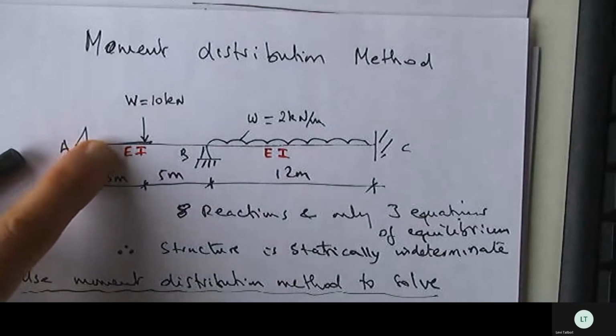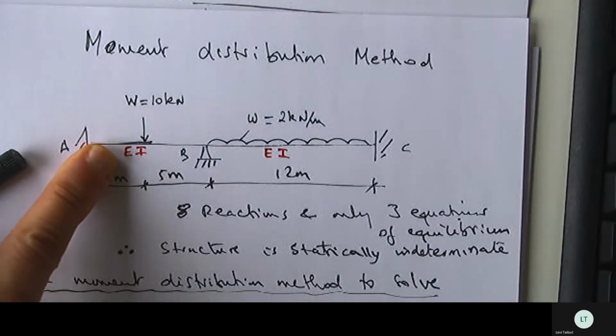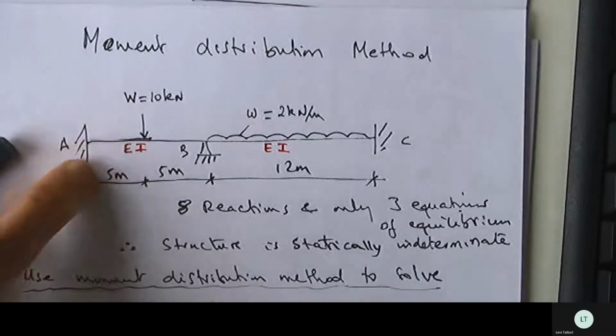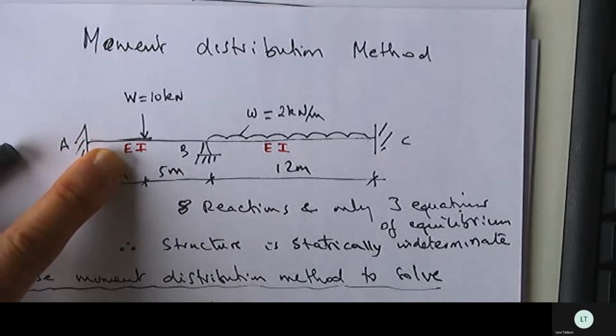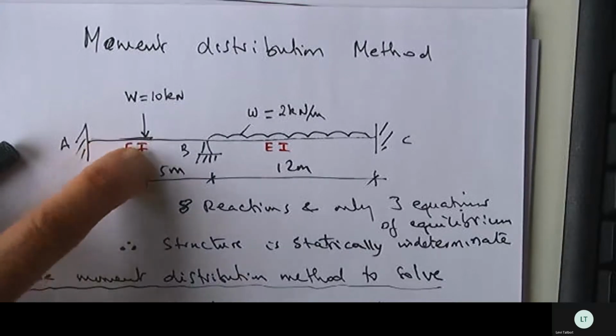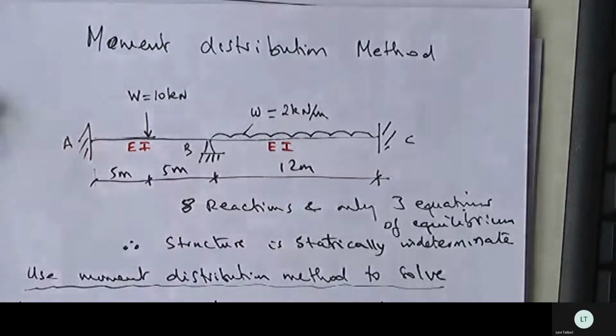If the beam has a rectangular section, I will be bd cubed over 12. And E will be your Young's modulus. If you have a beam made of steel, for example, E will be 200 kilonewtons per millimeter square. And I is your second moment of area.